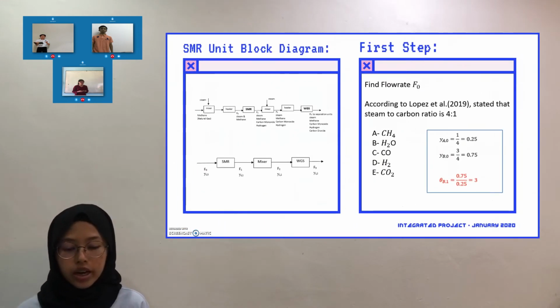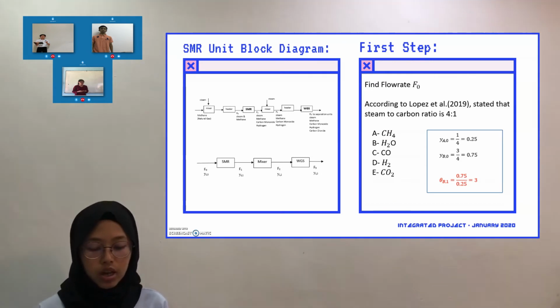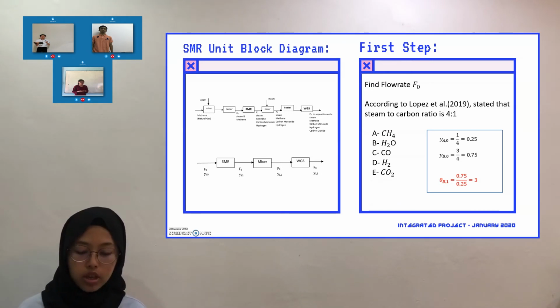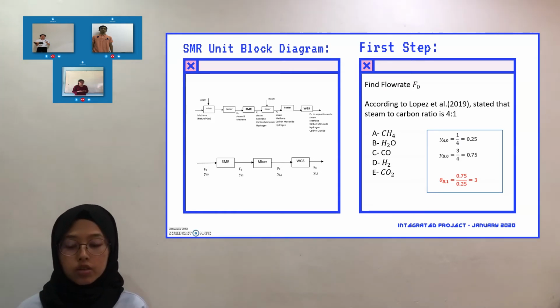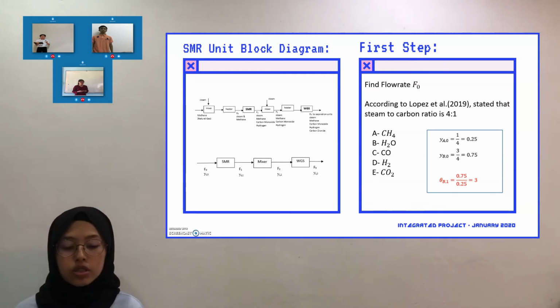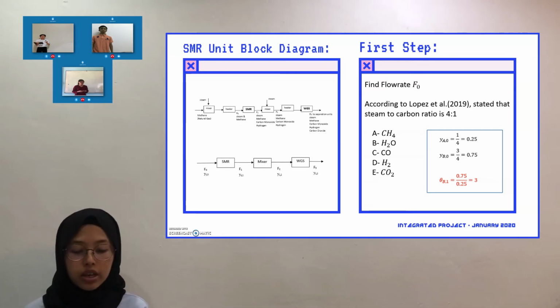This is the block diagram of SMR. From previous calculation, we managed to calculate F3 from the outlet of WGS. In order to complete the mass balance for this SMR, based on the article, it stated that the ratio of steam to carbon is 4:1. By using the stoichiometric relationship, mole fraction entering and leaving stream can be calculated.